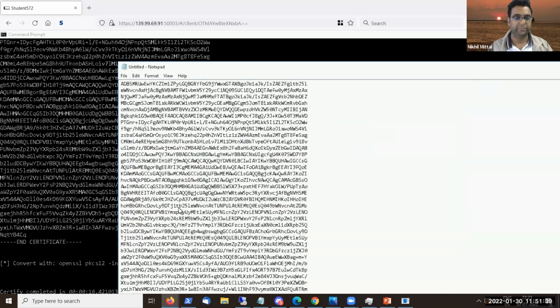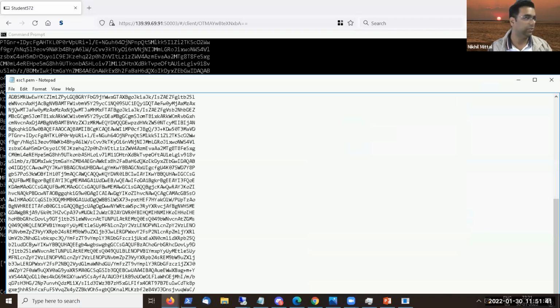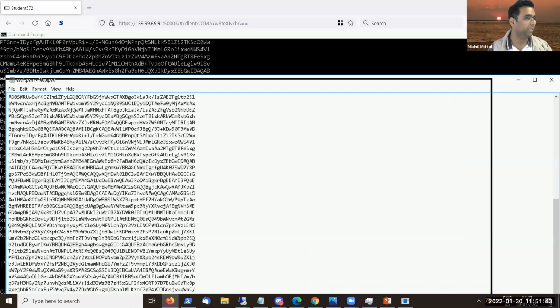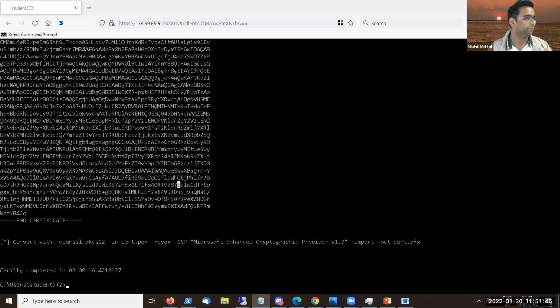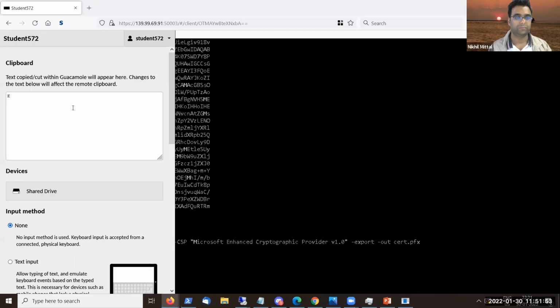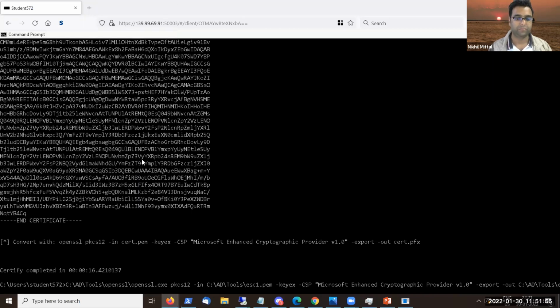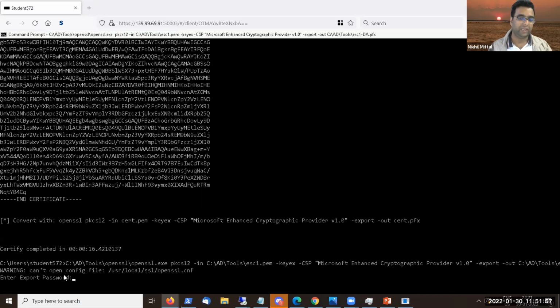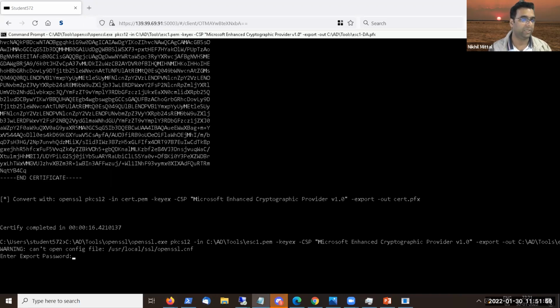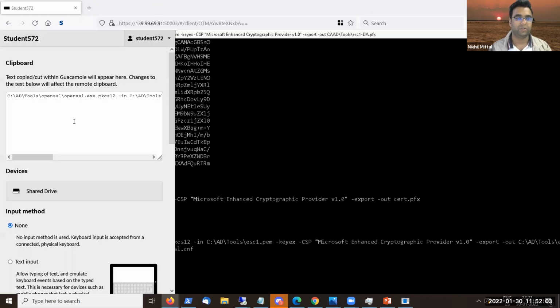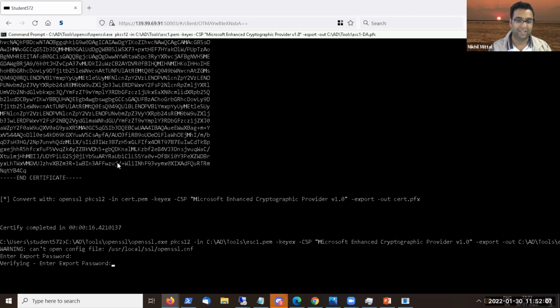And then we'll simply convert it as the tool suggests using OpenSSL. We'll convert it to PFX. Now it asks us for an export password. That is something we need to provide that we will use later on. So I'm going to use secretpass@123 as the password.